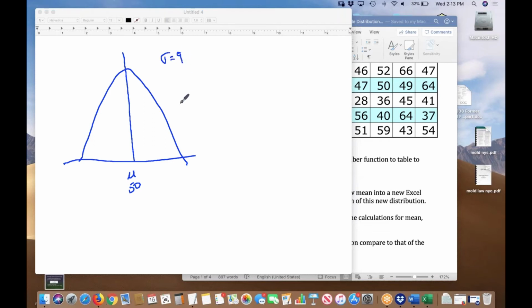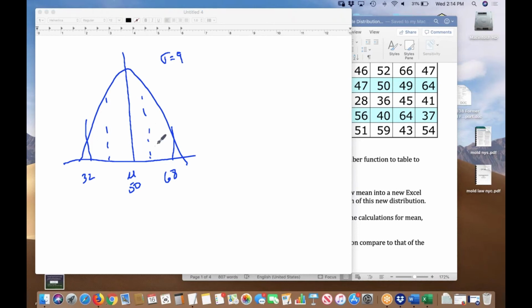If I look at that original population, my standard deviation suggests that 95% of the people in this group are going to have a measurement between 18 below 50, which would be 32, and 18 above, which would be 68. 68% are going to be between one standard deviation below and one standard deviation above.